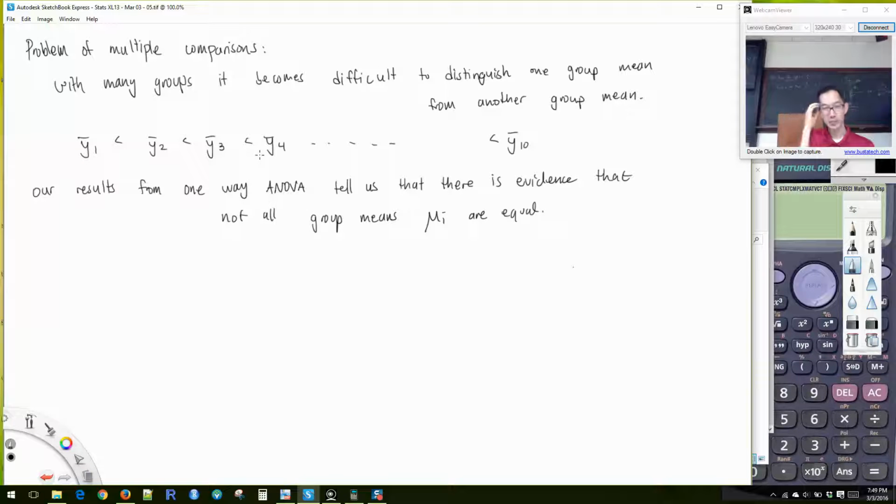Okay, and we could say, well, why not just do a bunch of t-tests, right? Why not just compare y bar 1 versus y bar 2 to see if mu1 is different from mu2? So one solution is just to do multiple t-tests.